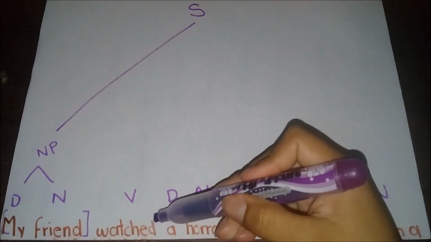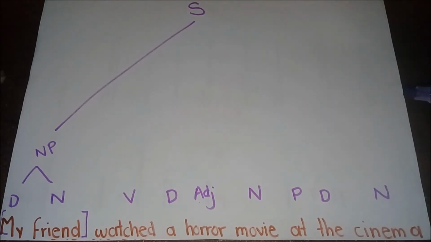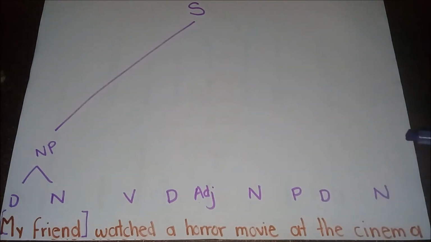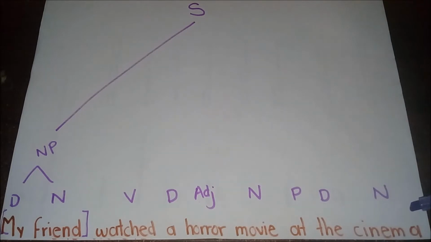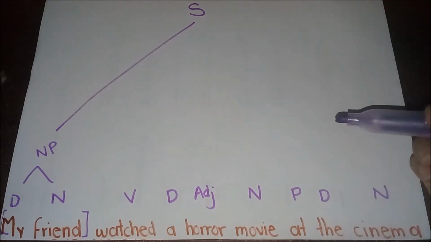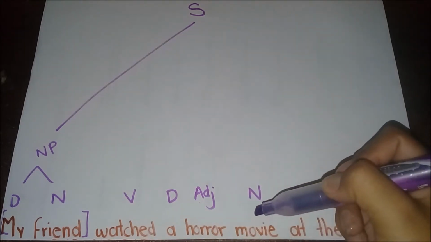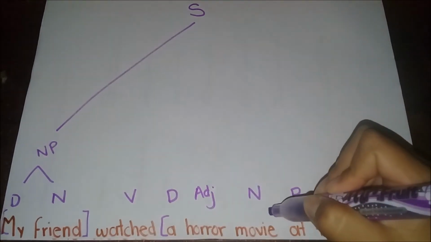Then we have watch, that it's a verb and it must be part of the verb phrase. And finally we have a horror movie at the cinema, and we could say that these are two different constituents because if we use the echo question test again, asking your friend watched what at the cinema, the answer would be a horror movie.